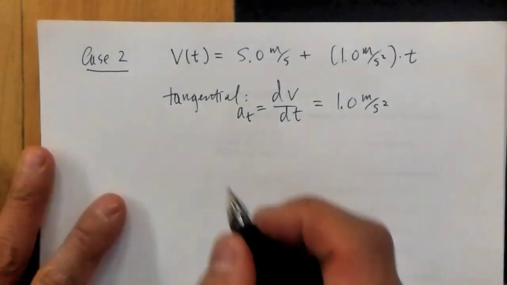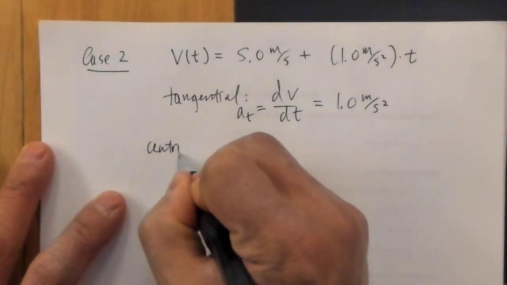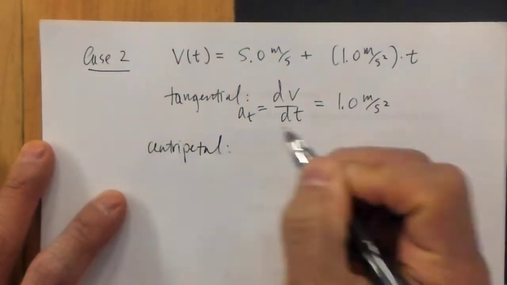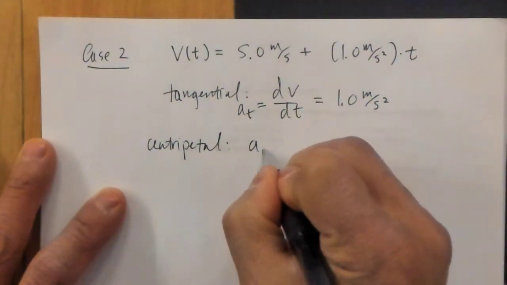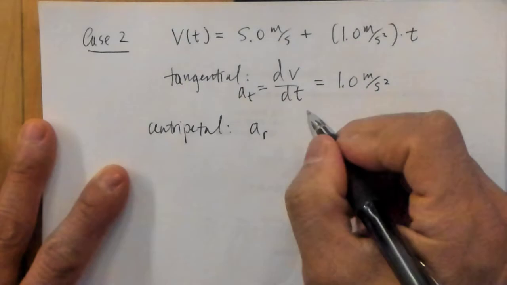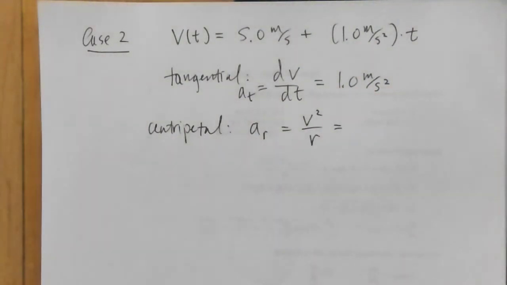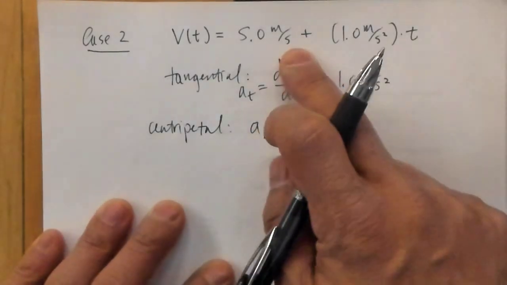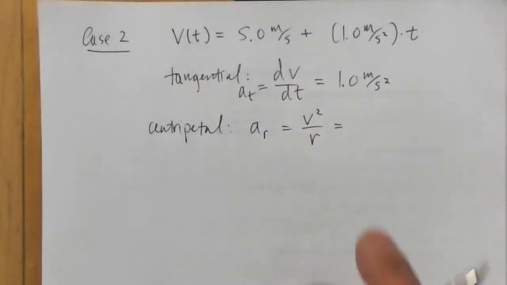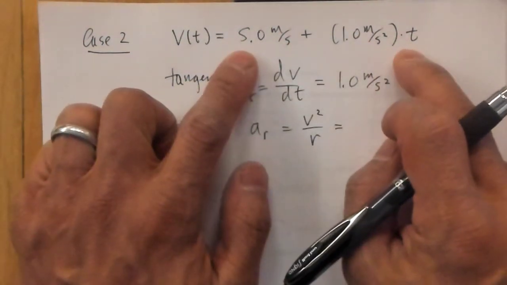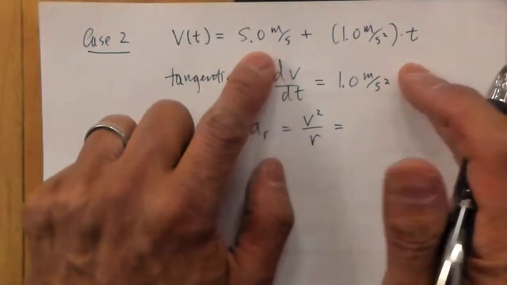And then we have the radial or the centripetal acceleration. It's the radial direction, AR, and that's going to be v squared divided by r. Now what we need to do is evaluate the speed squared at time t equals 0. Remember I said, what is it at time t equals 0?